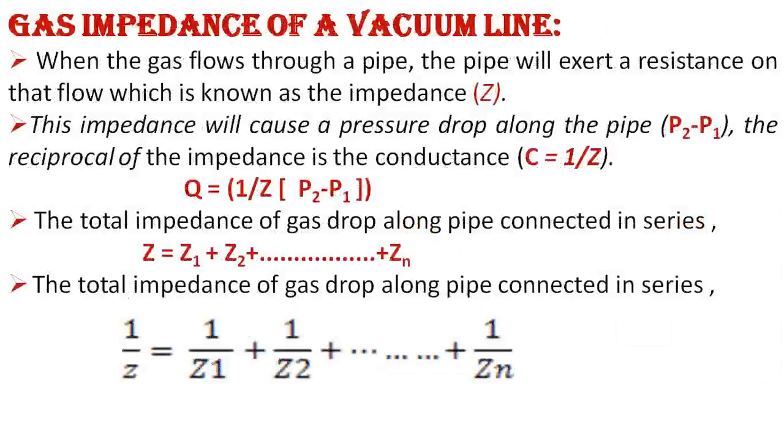Now the next concept is the gas impedance of a vacuum line. When gas flows through a pipe, the pipe exerts a resistance on that flow, which is the impedance of gas, denoted by Z. The impedance will cause a pressure drop along the pipe, that is P2 minus P1, and the reciprocal of impedance is the conductance.